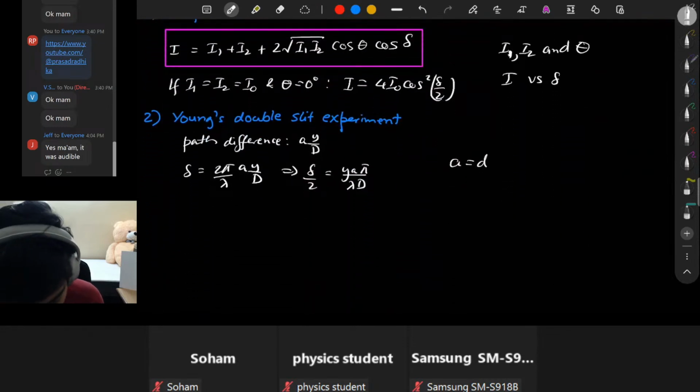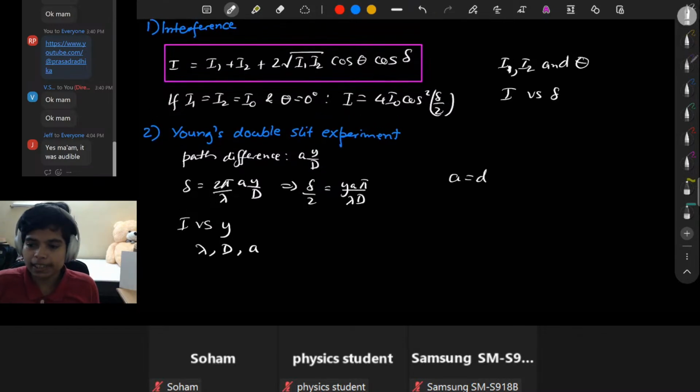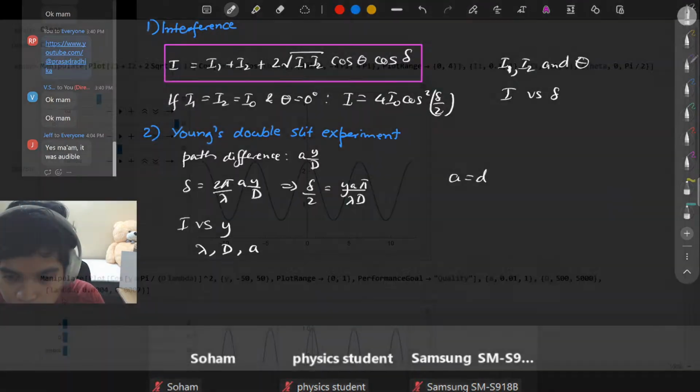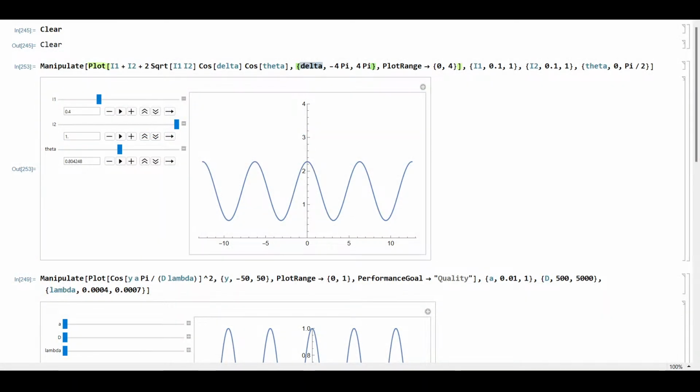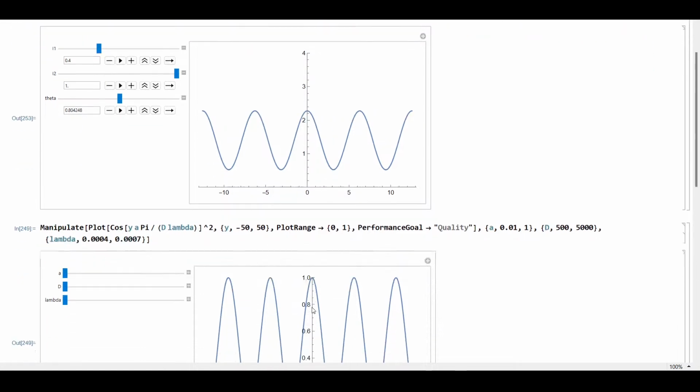So I want to show you intensity versus y as we change lambda, D and a. These are the parameters. So let me go back to Mathematica and show that. So this is the next demo over here.